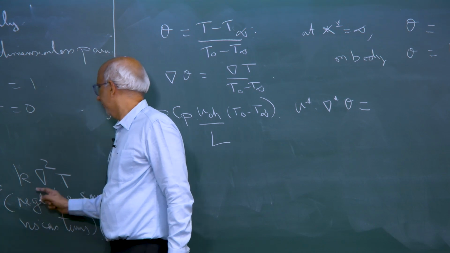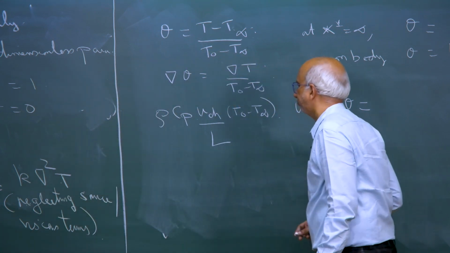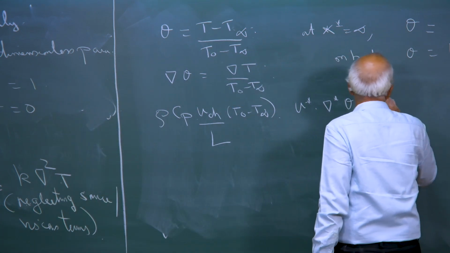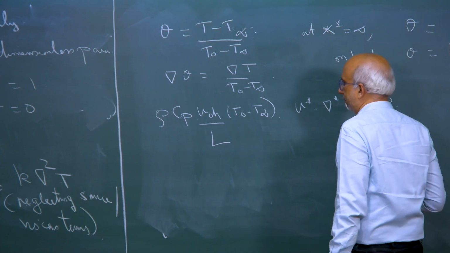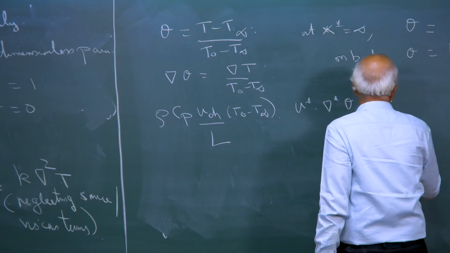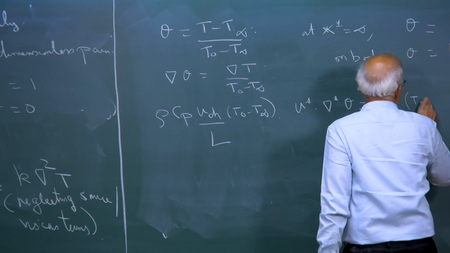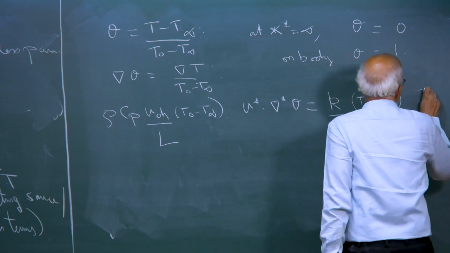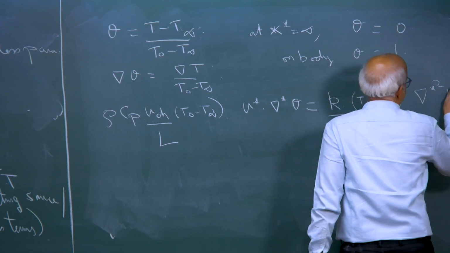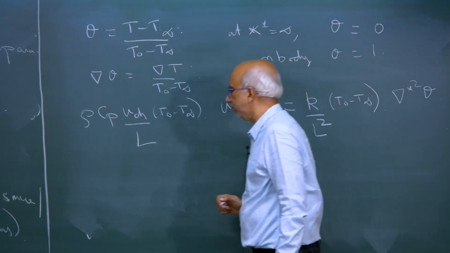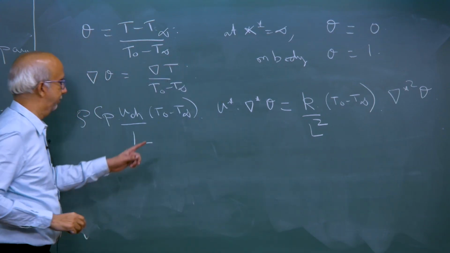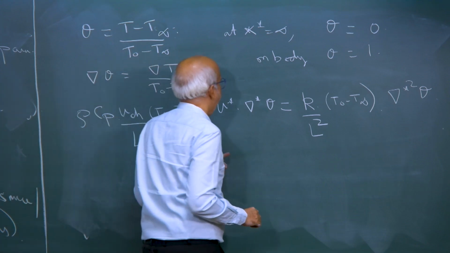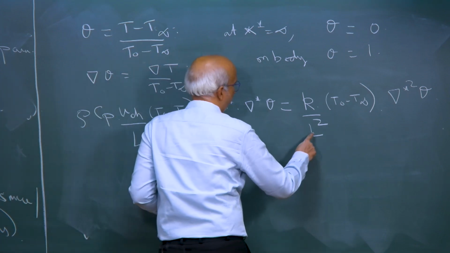and then this equals k times T naught minus T infinity over L squared times del star squared theta. So I have just made this dimensionless, and now I am going to move these terms around.